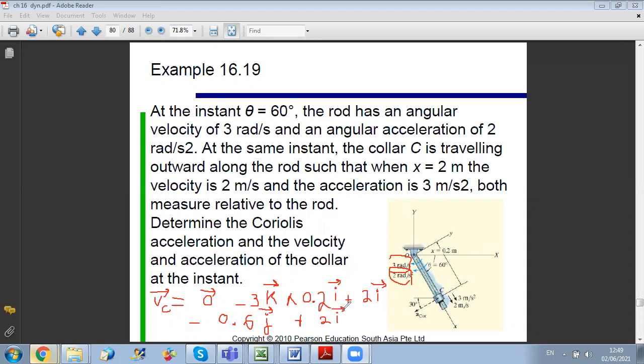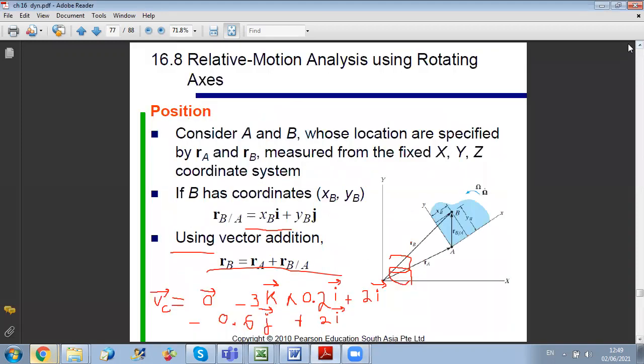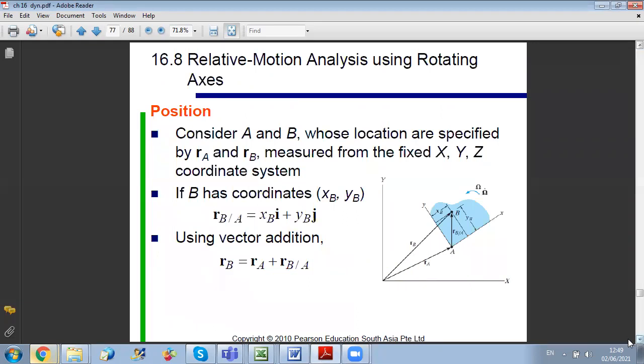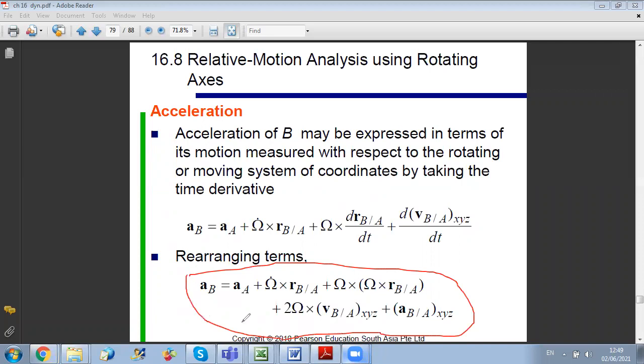Now, next step, we want to determine the Coriolis acceleration and the acceleration of the collar. Going back to our formula, in case of a rotating frame, we have developed a relation for velocities and acceleration. So this is the relation for acceleration. In the acceleration term, you have first the acceleration of the coincident point. If you remember, what is the coincident point?